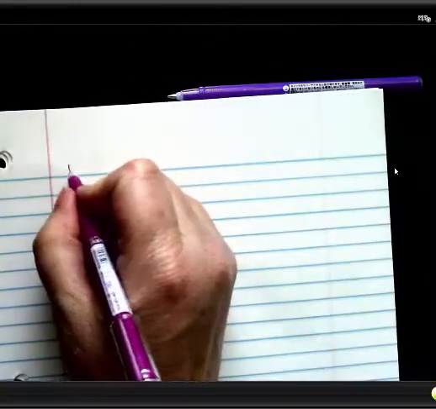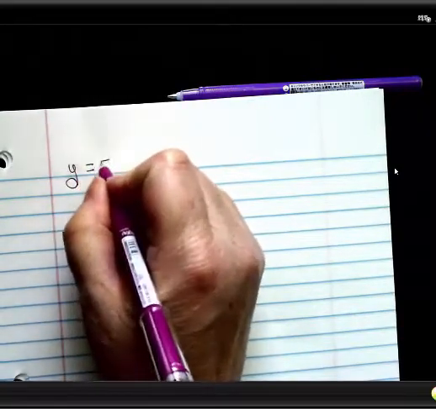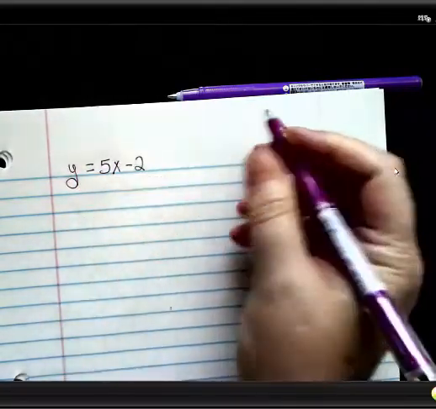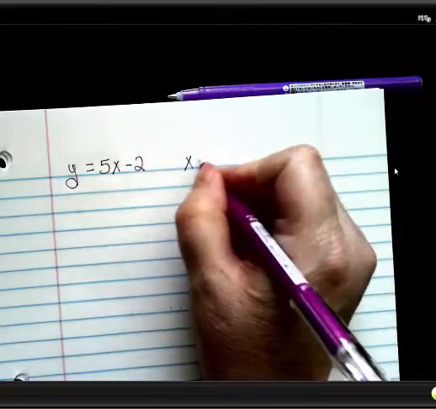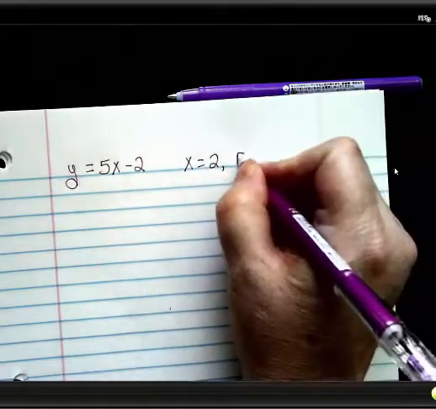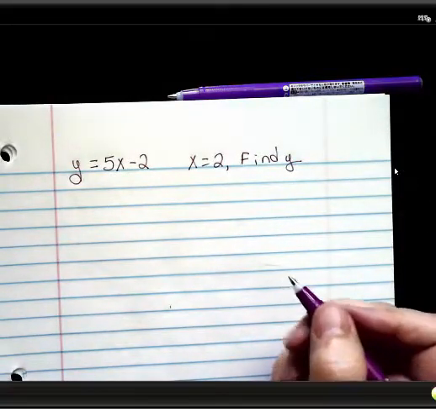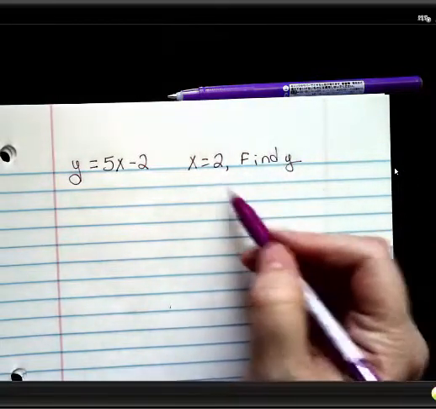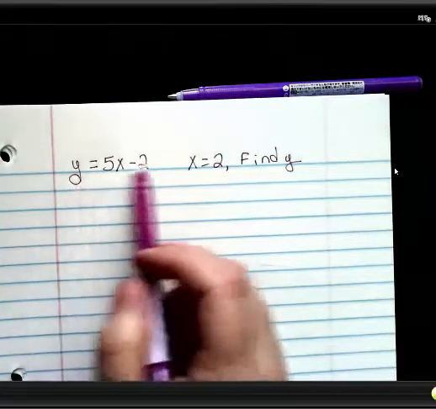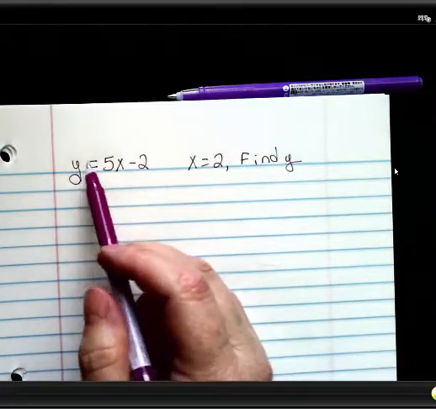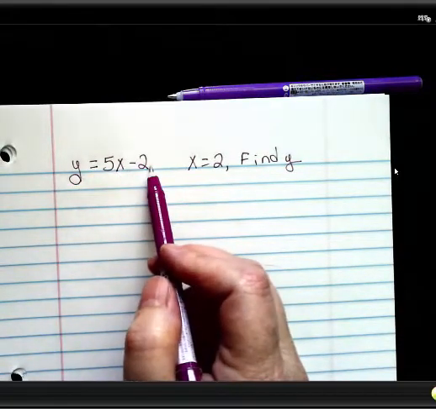Now, what if I gave you an equation and said x is 2, find y? This is actually very easy to do because the equation tells you y is whatever 5 times x minus 2 is.